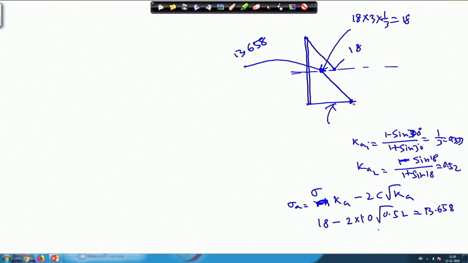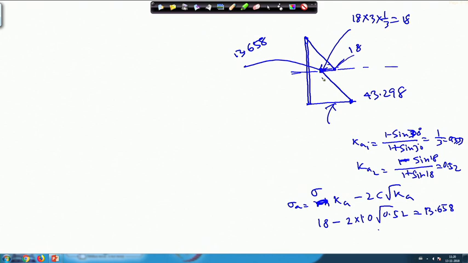So this is the typical diagram for two layered soil. Though this transition looks like two different intensities, it should be something in between in actual, but for calculation purposes we will take this diagram. So this value is 18 and this is 13.658.